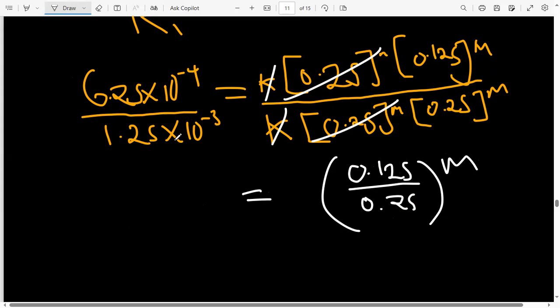If you punch these values into your calculator, what are you going to get? So I have 6.25 times 10 to the minus 4 divided by 1.25 times 10 to the minus 3.